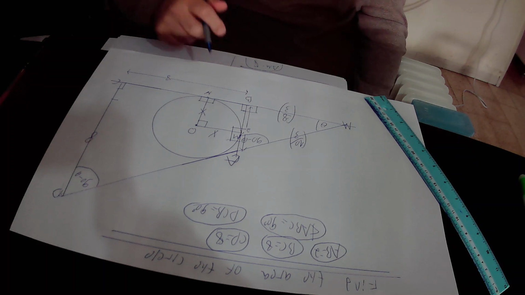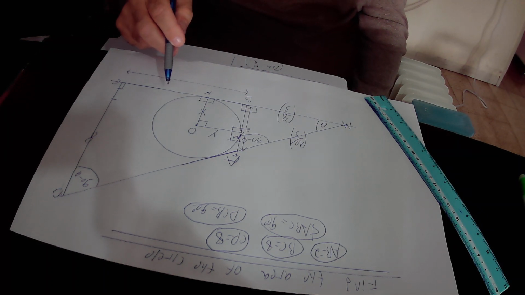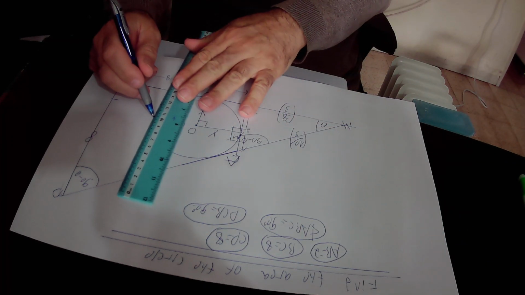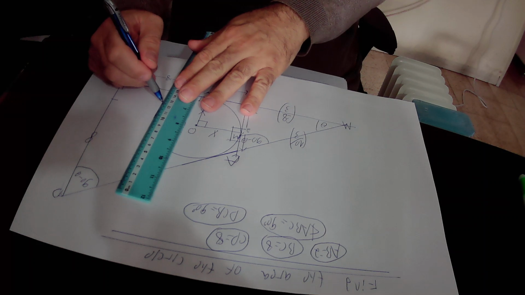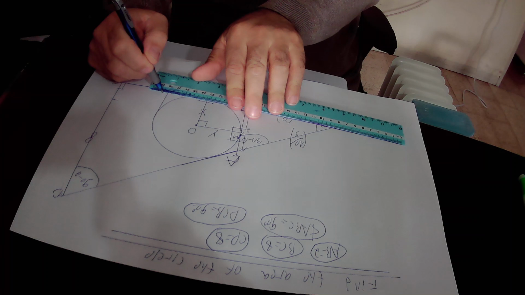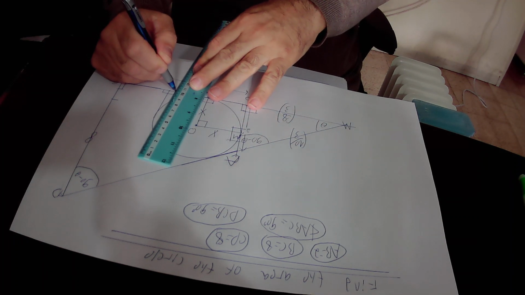In the next step, we will draw a perpendicular on BC in such a way that it will also be tangent to the circle. So first of all, this angle equals 90 degrees, and this angle equals 90 degrees according to our construction.